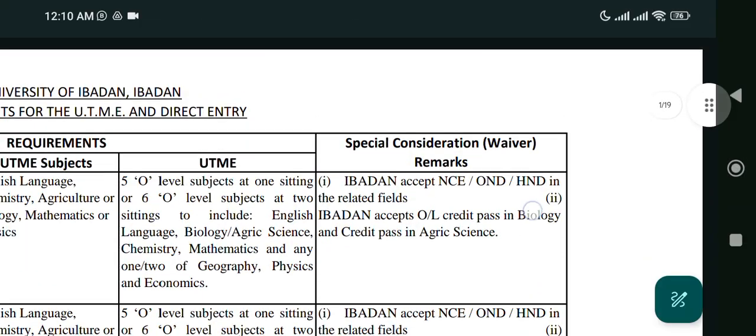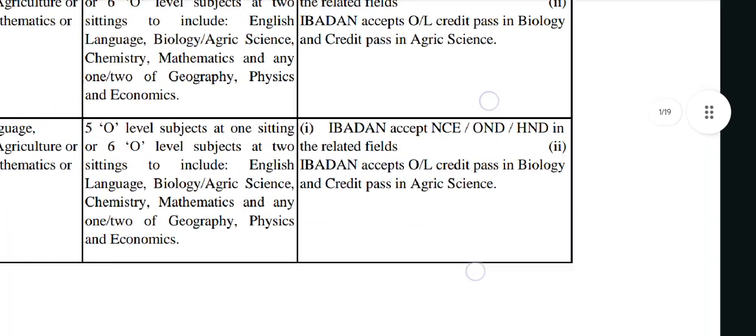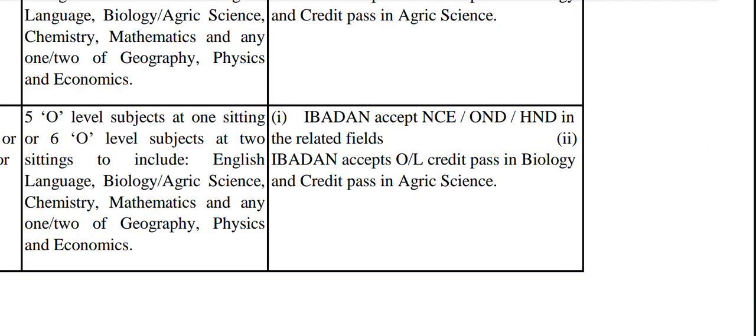So here, this is one of the most important aspects of the entry requirement. So Ibadan accepts NCE or OND or HND in the related fields. Ibadan here stands for University of Ibadan.